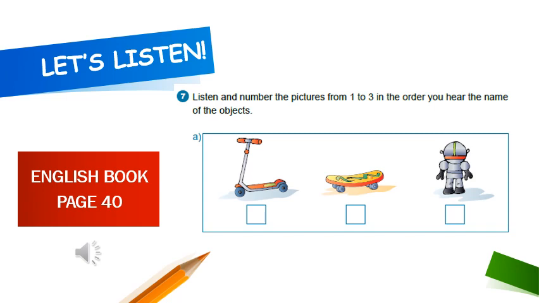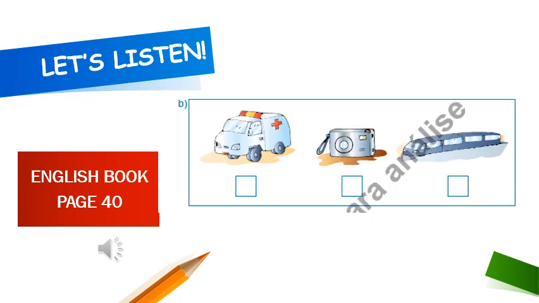So, students, number 1, skateboard. Number 2, scooter. Number 3, robot. Letter B. Let's go to the letter B. Number 1, it's a train.